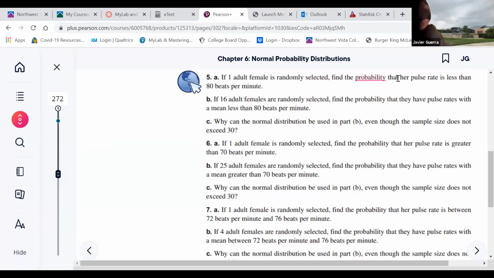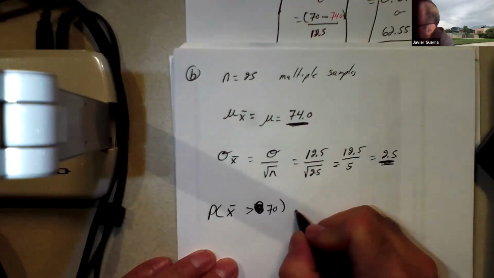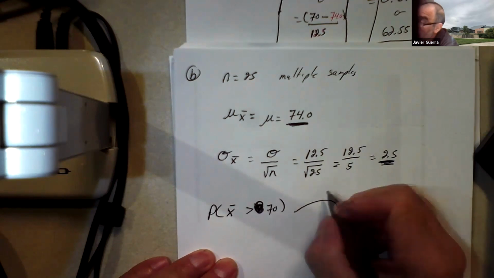You know, I forgot something. My mean is greater than 70. Let me switch it so y'all can see it. My mean is greater than 70. All right, let's convert.